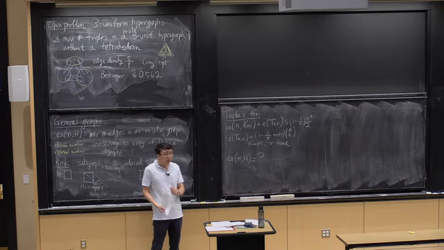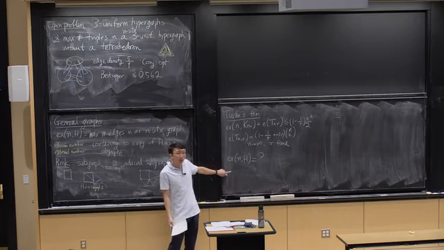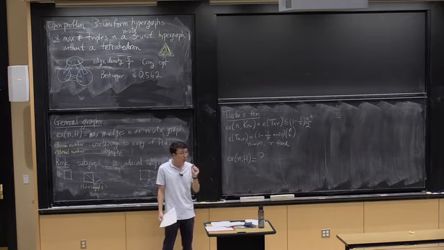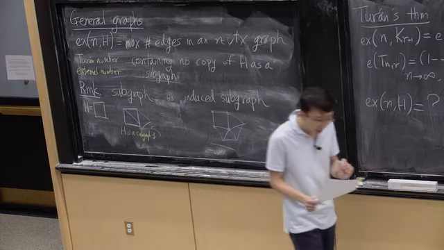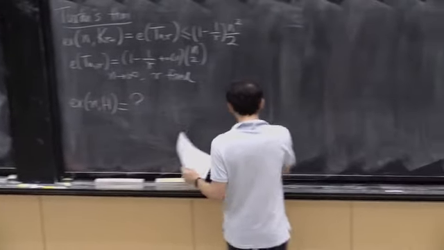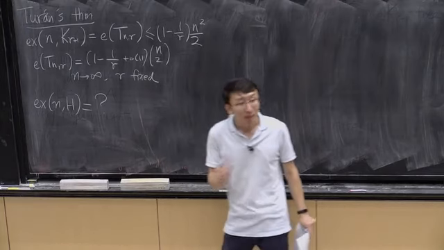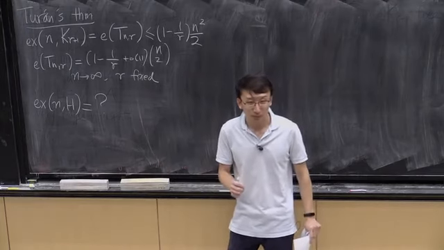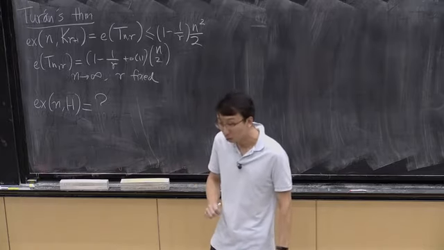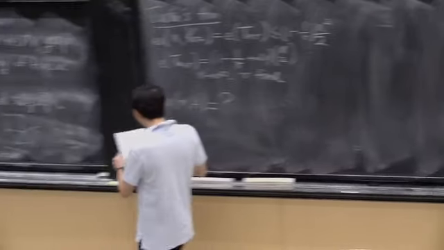Perhaps quite surprisingly, because you can imagine this problem looks like it might get quite complicated. All the proofs that we've done are very specific to cliques. But it turns out that we already understand a lot. The critical parameter that governs how this quantity behaves is the chromatic number of H. If you tell me the chromatic number of H, I can already tell you quite a lot.